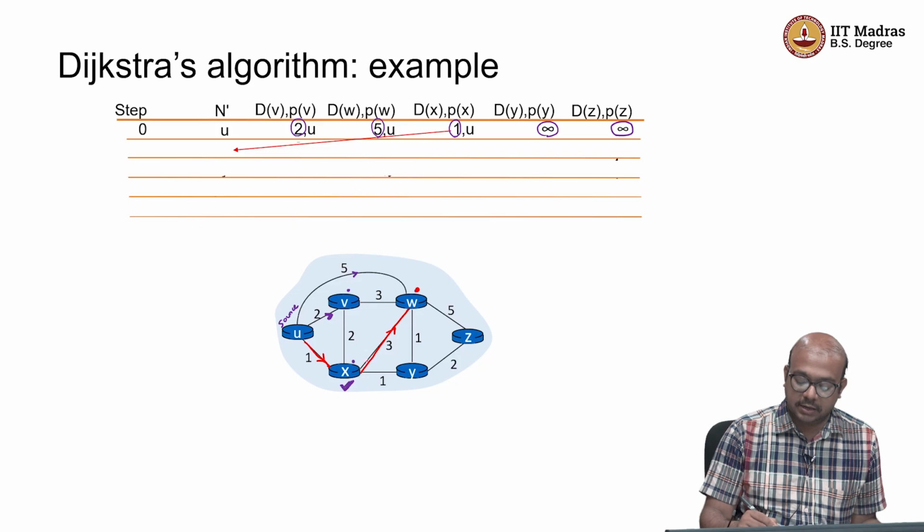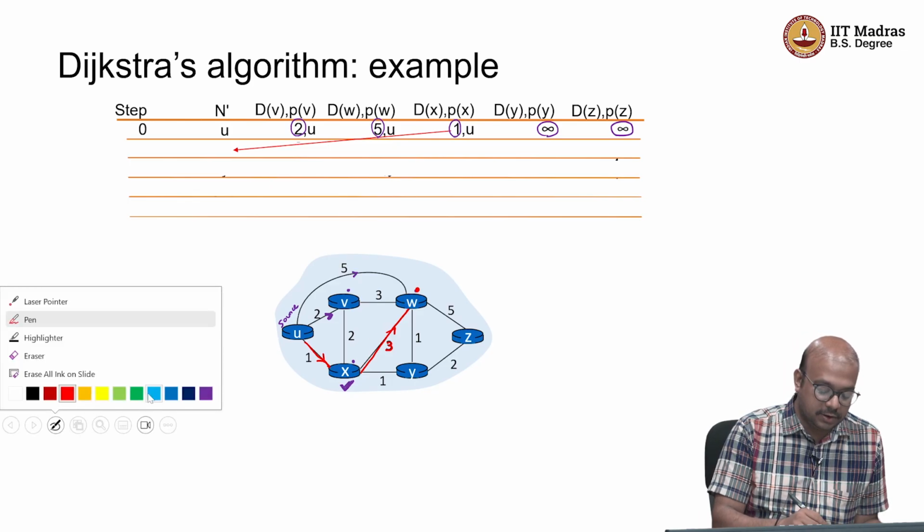So, I can see that dx is equal to 1, and c of x comma w is equal to 3. Okay. So, totally dw here is going to become 4, right, which is lesser than the current estimate 5.